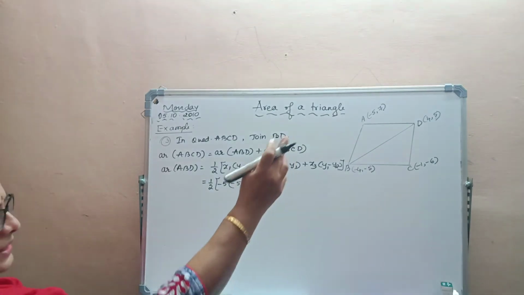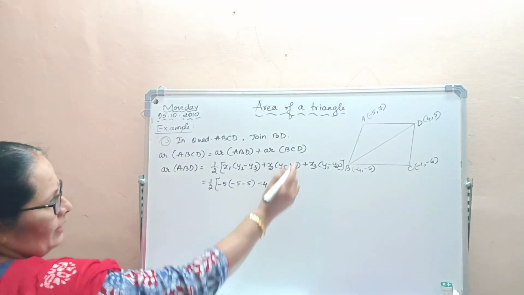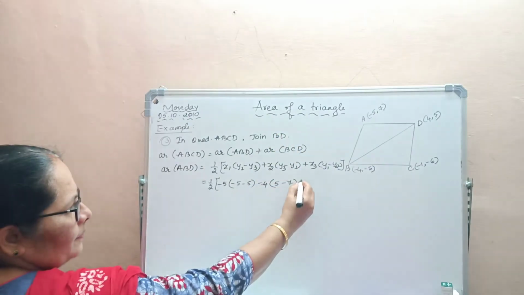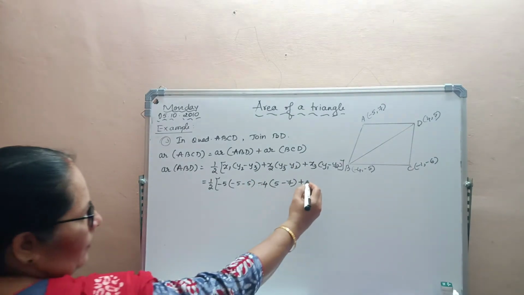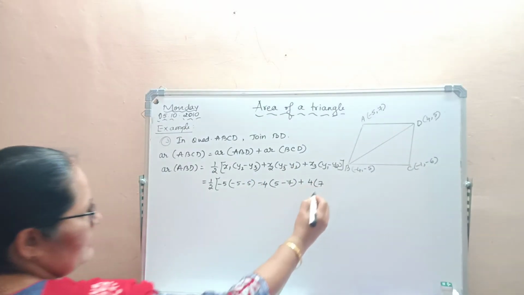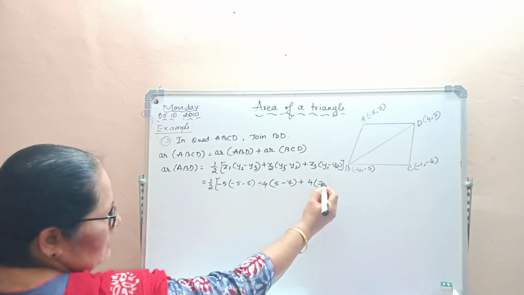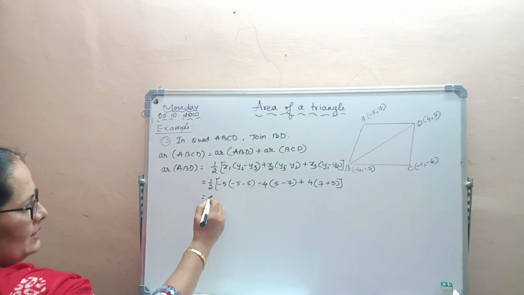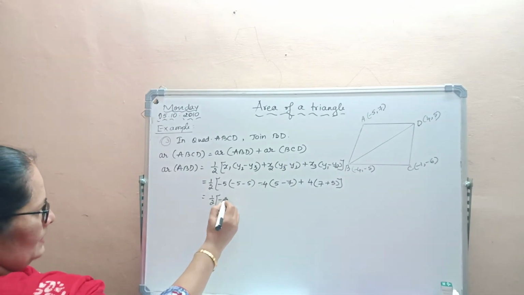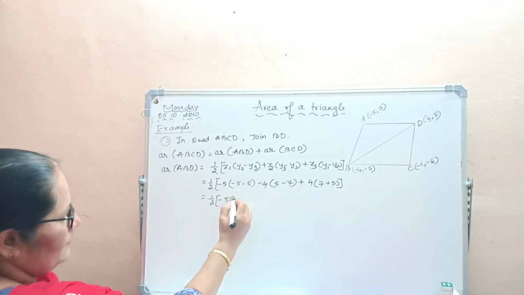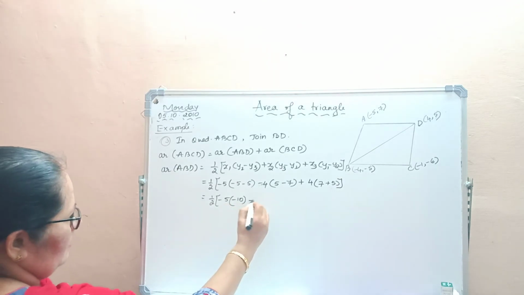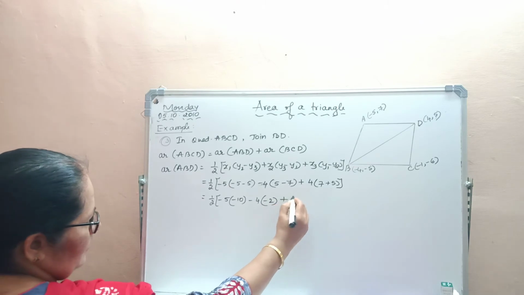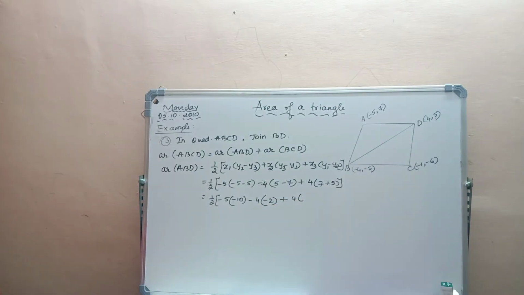Then y3 is 5 and y1 is 7, plus x3 is 4, y1 is 7, y2 is minus 5, minus of minus 5 is plus 5. So which is half into minus 5 into minus 10, minus 4 into (5 minus 7) is minus 2, plus 4 into (7 plus 5) is 12.